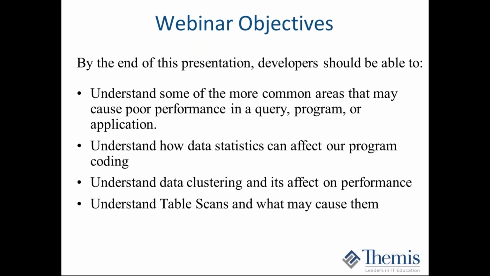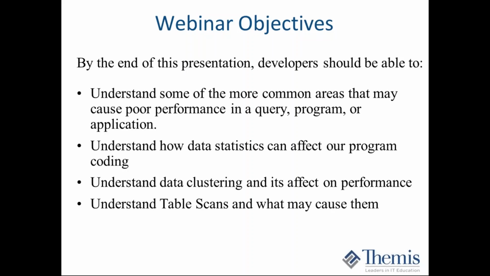We're going to look at data statistics. It's really important to have some good statistics on the data so the DB2 optimizer can make its best choices on how to go get the data. DBAs are typically responsible for keeping the statistics up to date. They run a utility program called RUNSTATS that updates a lot of the DB2 system catalog tables, which lets the optimizer know how many rows are on a table and, for each column in a table, what the cardinality is.